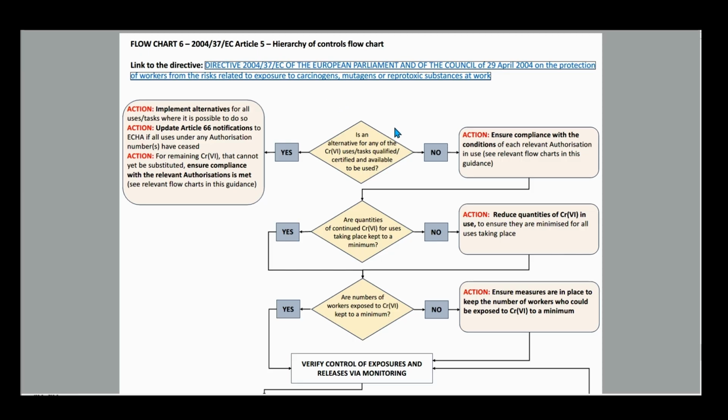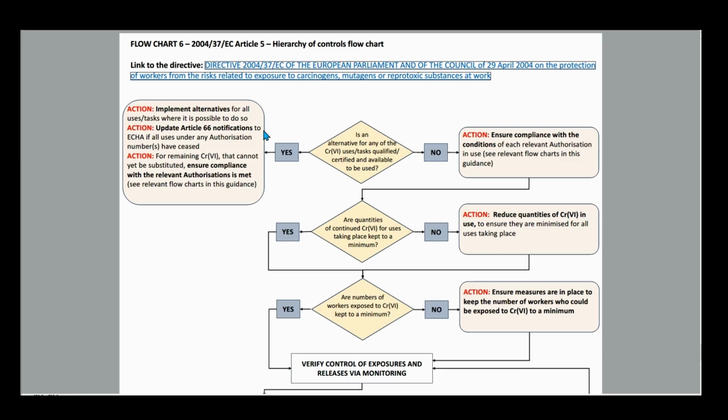The first question asks if an alternative for the hexavalent chromium substances is available that can be used. When you have a suitable alternative that is qualified and available to be implemented for use, then you need to take the following actions. First, implement alternatives for all users' tasks where possible.